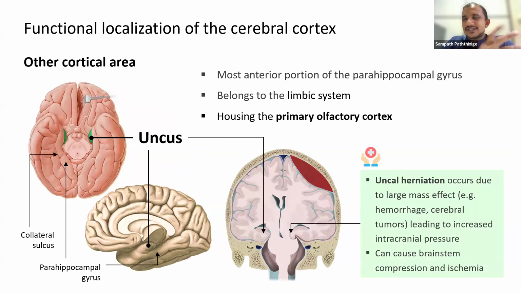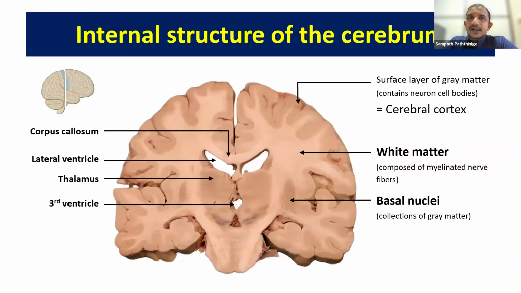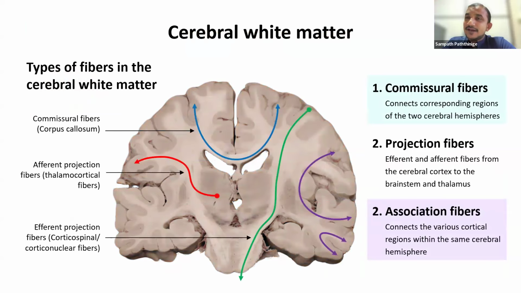So just have an idea about these different areas because they have some important functions. Right. So then looking at the internal structures, that is basically the white matter of the cerebrum. So it has different types of fibers. There are commissural fibers which connect the two cerebral hemispheres together, mainly the corpus callosum, but we have the anterior and posterior commissures as well.